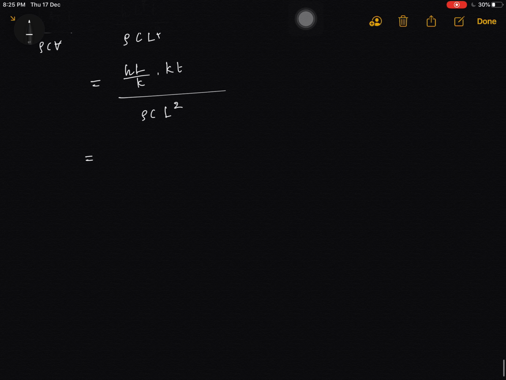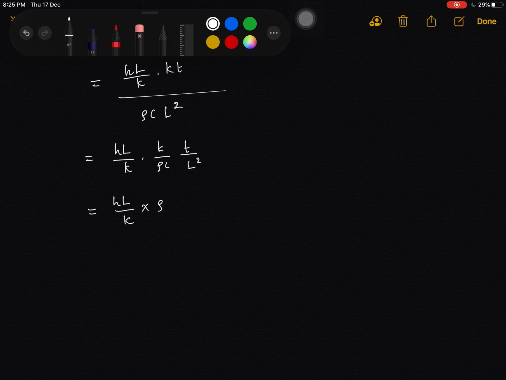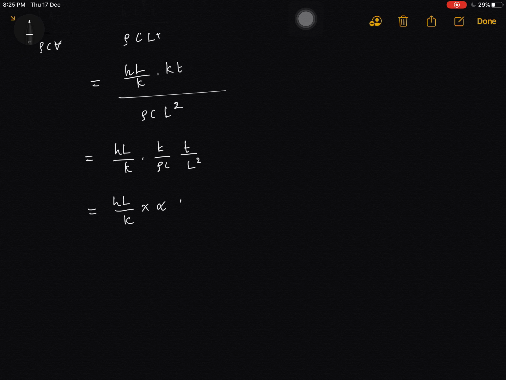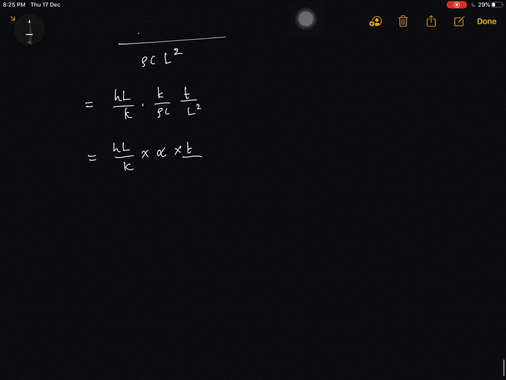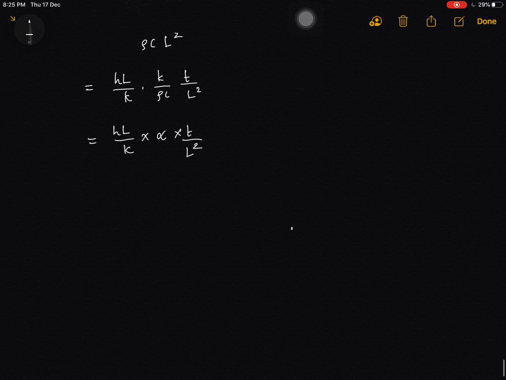So I am just adding some constants and dividing some constants. This can be further written as hL by k into k by rho c into t by L square, and this k by rho c is nothing but alpha, the thermal diffusivity, multiplied by t by L square.